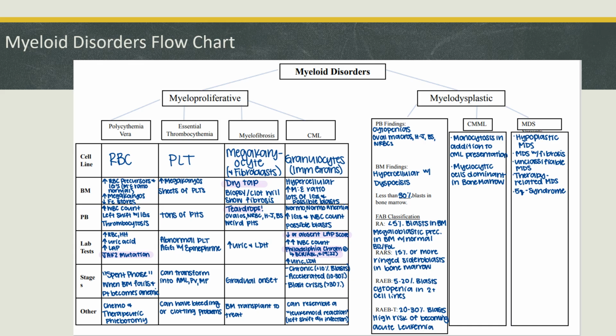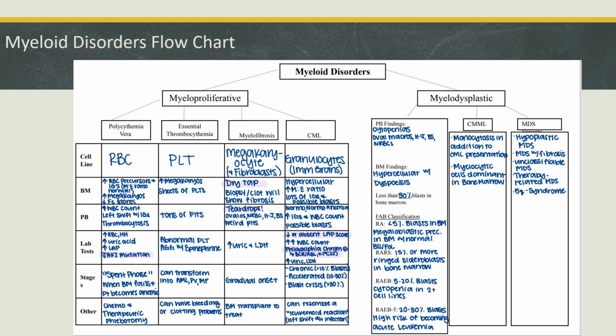Then we'll have refractory anemia with excess blasts, so 5 to 20% blasts, cytopenia in at least 2 cell lines, but maybe more. And then when we hit that 20 to 30% blasts in the bone marrow, we're looking at a refractory anemia with excess blasts in transition. And this has a very, very high risk of becoming an acute leukemia. Myelodysplastic syndromes actually have a higher risk of transitioning into an acute leukemia.